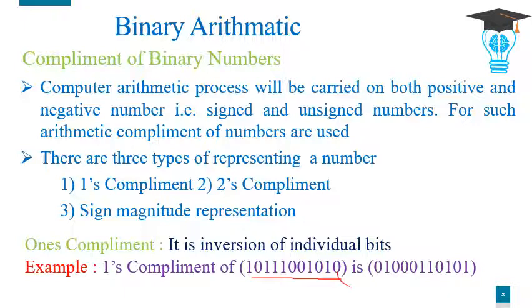That is, wherever there are zeros, replaced with ones, and wherever there are ones, replaced with zeros. You can see these two zeros are replaced by two ones here, and these three ones here are replaced by three zeros here. So wherever there are ones replaced by zeros, and wherever there are zeros replaced by ones, it's called ones complement of a number.